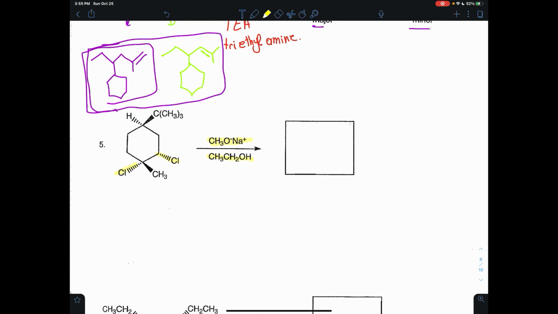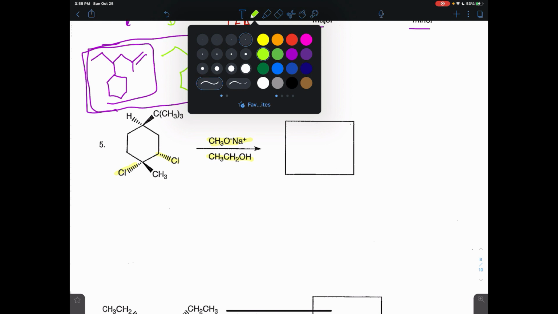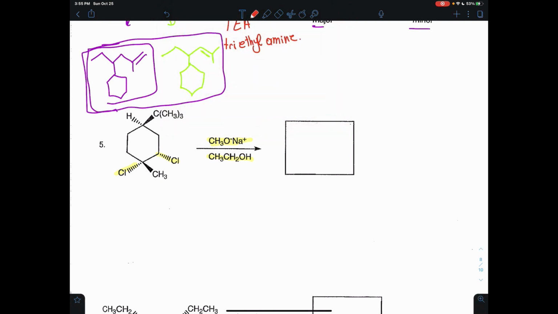So now the hard part of this reaction is being able to determine which chlorine you're gonna use. As I mentioned before, you want to recognize which chlorine it is. First of all, the rule that applies here is trans diaxial.